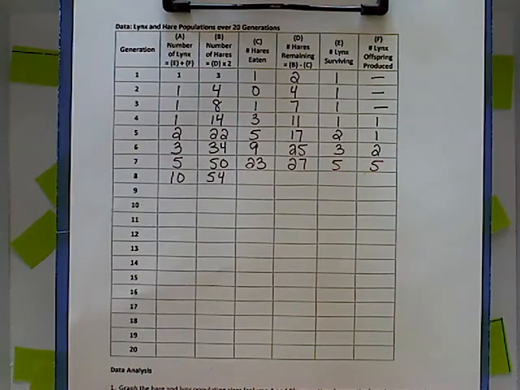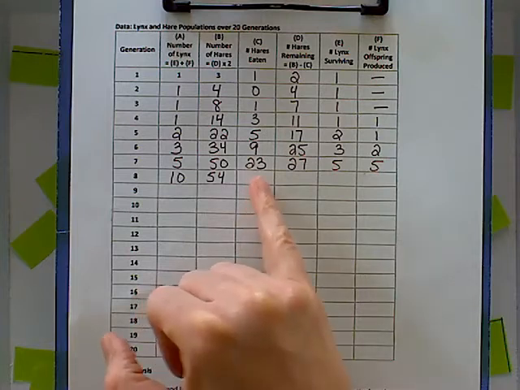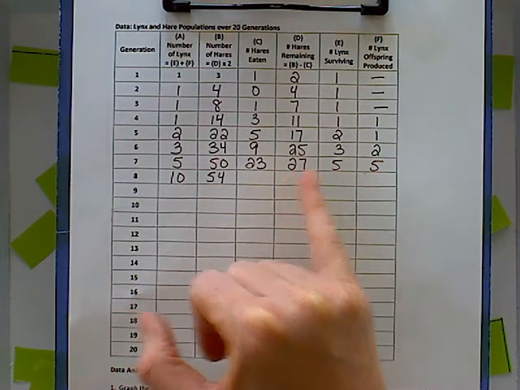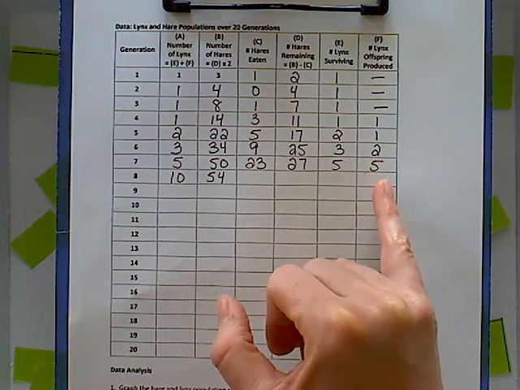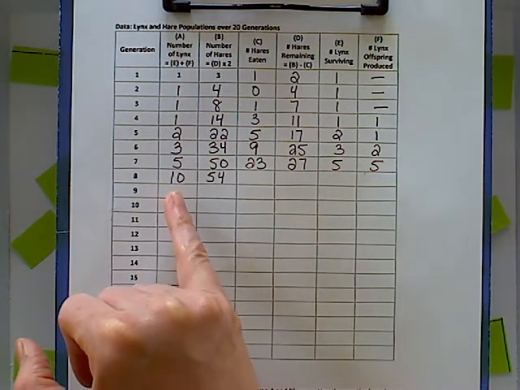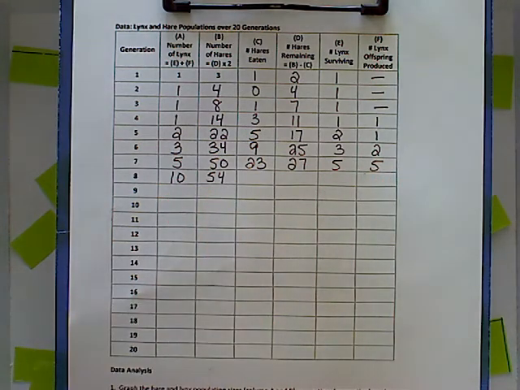So in our next generation, we had 23 eaten, so that means 27 remained. 5 lynxes survived, and each one reproduced, so now we have 10 lynxes and 54 hares.